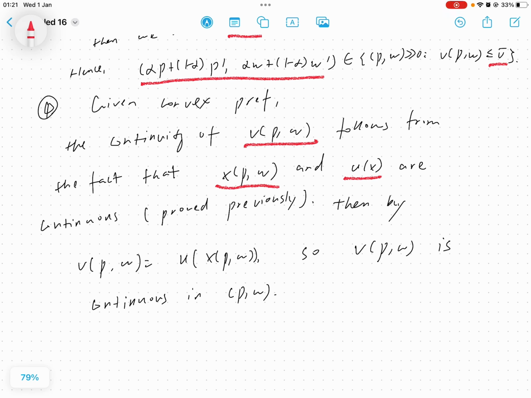And then we know that this v will be just a compound function of u and x. So this v has to be continuous in p and w. This would be a rough sketch of the proof for this part, and you might want to look at the textbook for a more detailed proof.